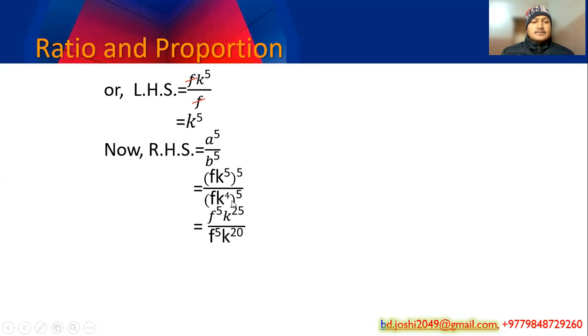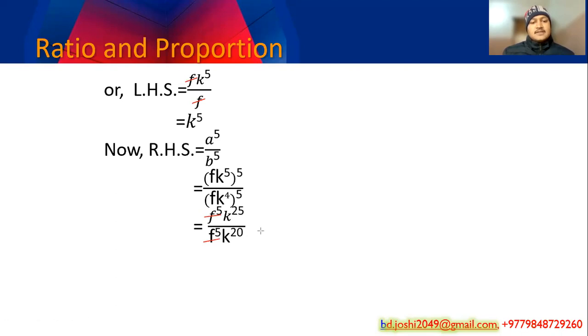Similarly, F power 5 into K power 4, 5 fours are 20. F power 5 and F power 5 cancelled. K power 25 divided by K power 20.